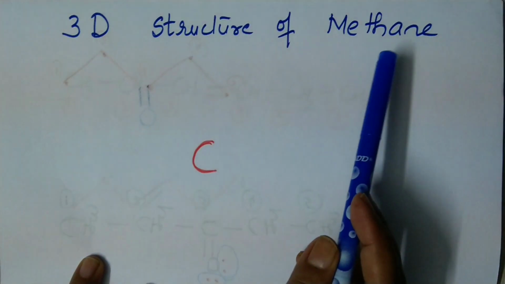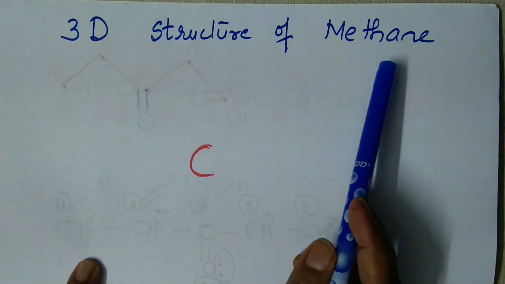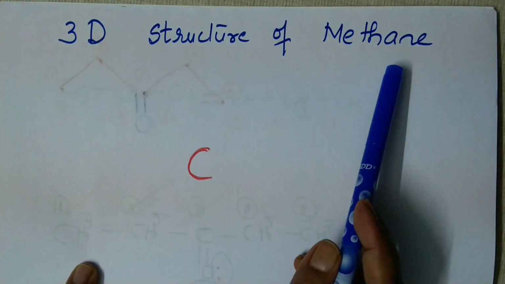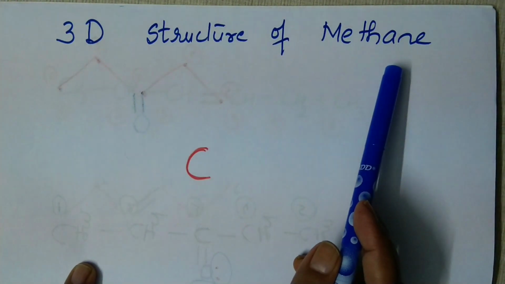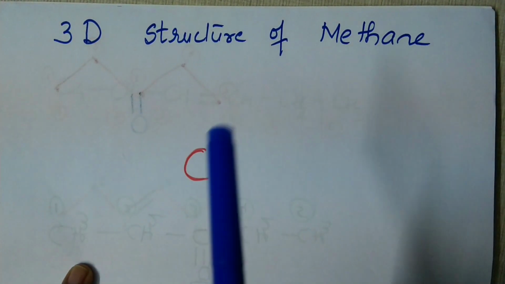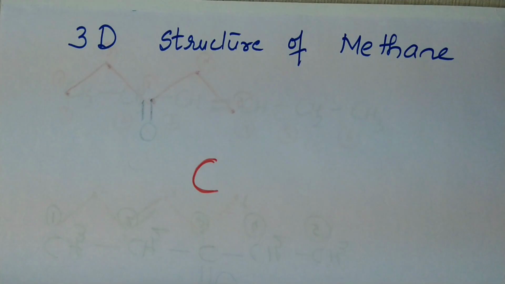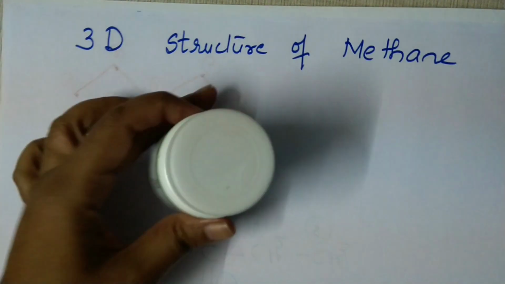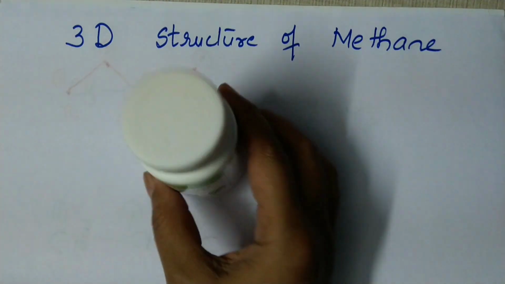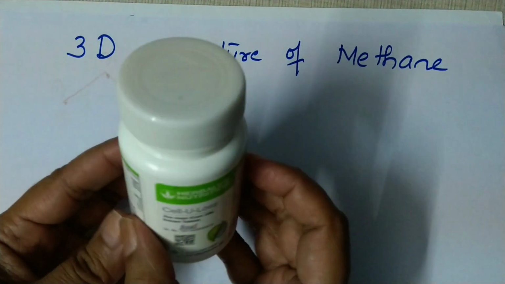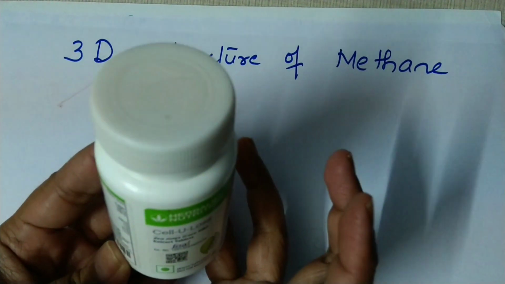Only this structure will be asked, not other than this. So we need to understand what we mean by 3-dimensional structure. Whenever you hold any molecule in 3D space, for example, I have this bottle here, it is a 3-dimensional picture. It is present in space.